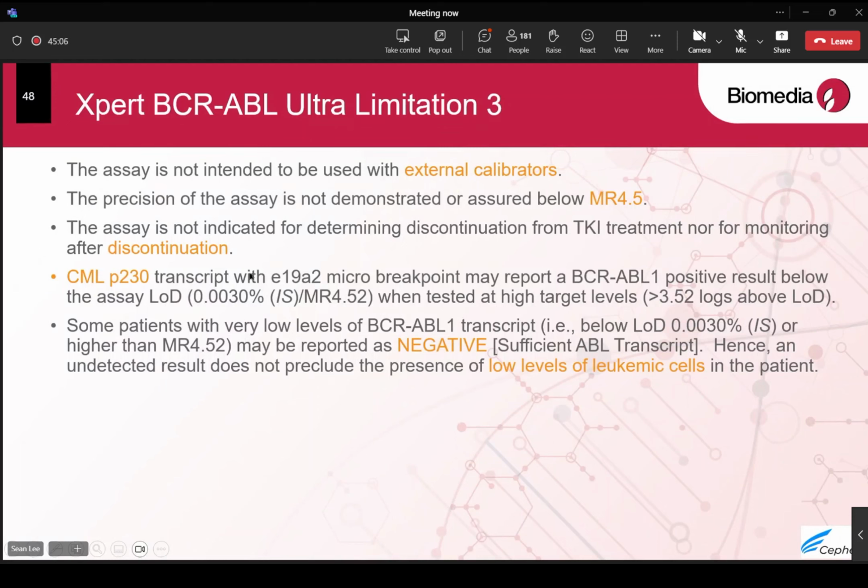Sometimes a patient with a very low level of BCR-ABL transcript may be reported as negative because it is too low for detection. This is due to the precision of the assay, and sometimes you may miss it. Hence an undetected result does not preclude the presence of a low level of leukemic cells in the patient. This is quite important.